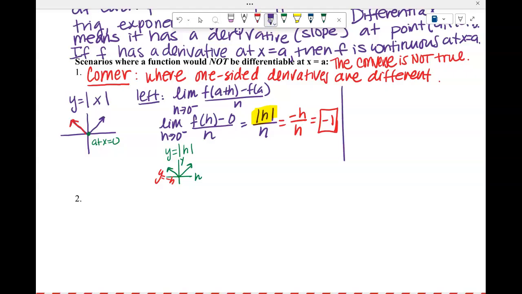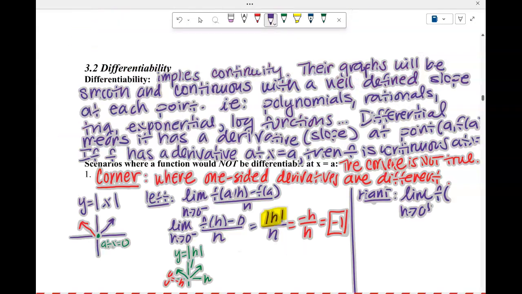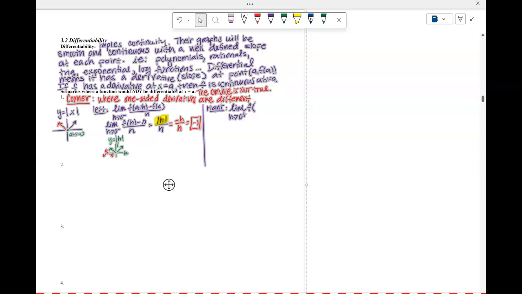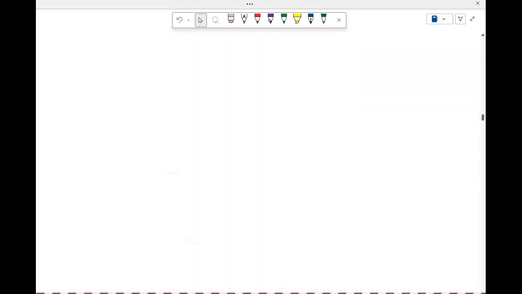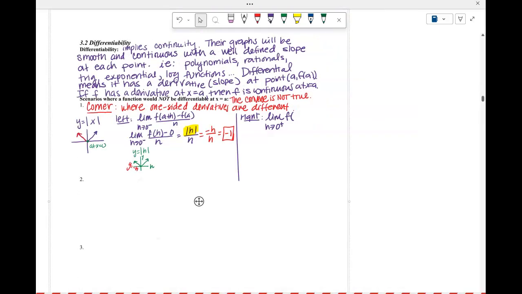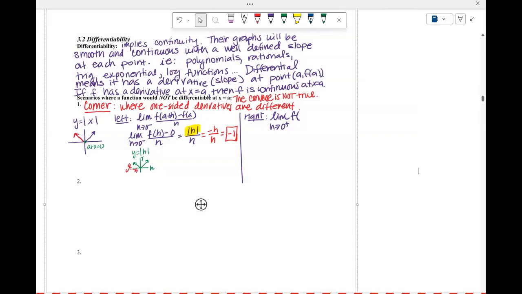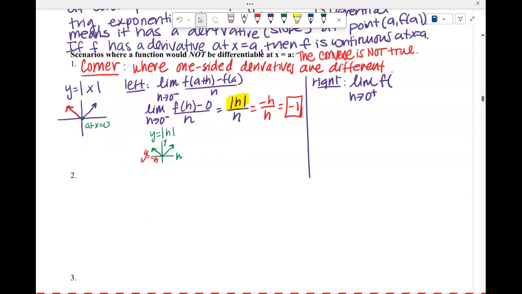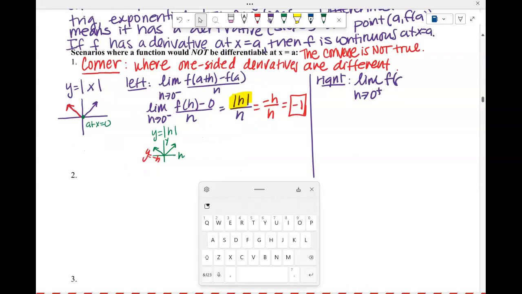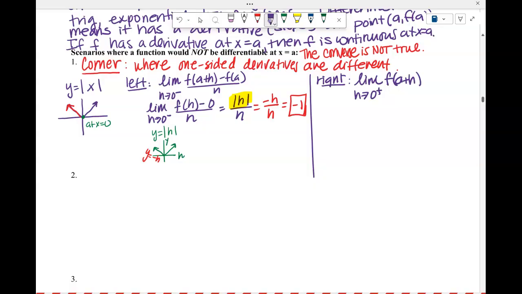On the right side, we're going to use a similar definition, except this time h is approaching 0 from the positive side. f of a plus h minus f of a all over h.